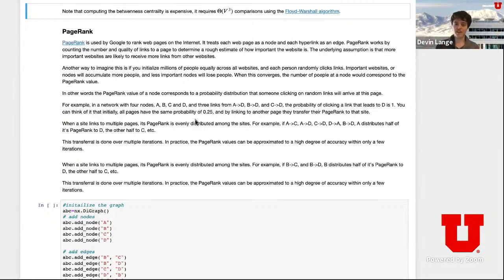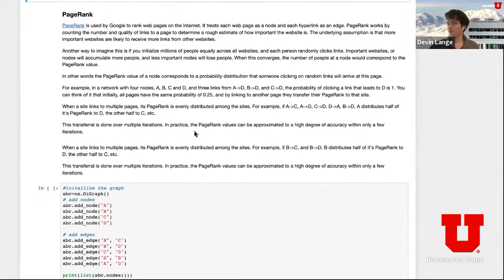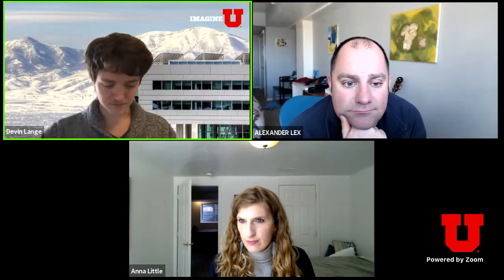And it turns out that where people end up actually converges after a while. And the number of people there is what we are considering as this PageRank. So I think it probably makes the most sense to actually just go through another example here.